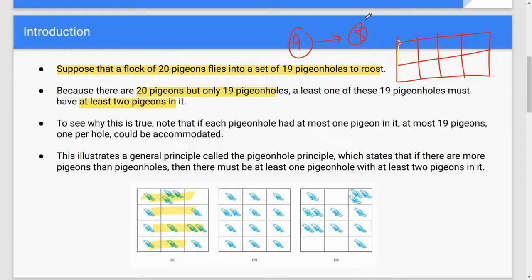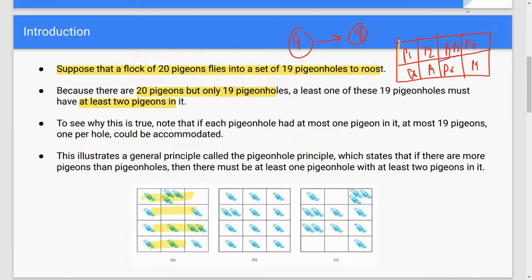We are sure that at least one box is going to contain two pigeons. We have put pigeon 1, pigeon 2, up to pigeon 8, one in each. Now where will we keep the ninth pigeon? We have to keep it in any of these holes.